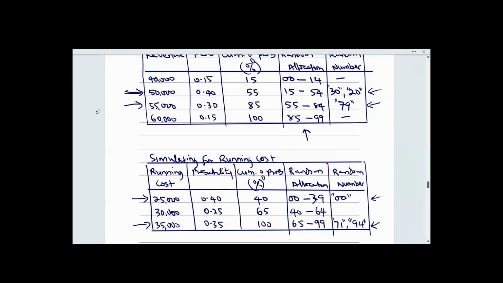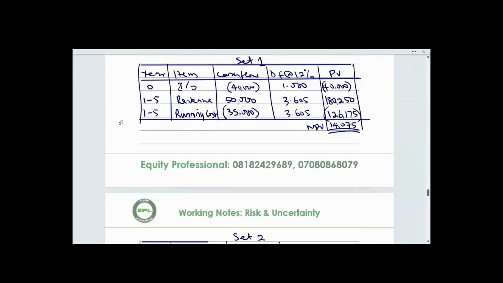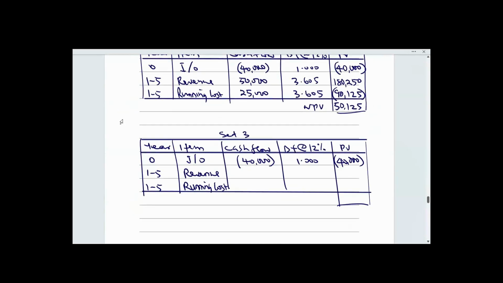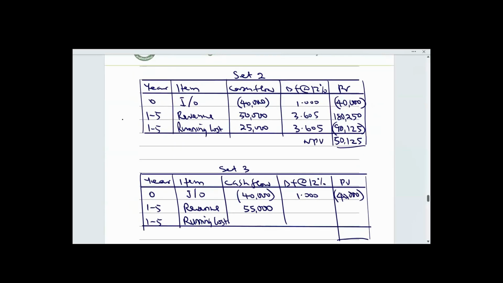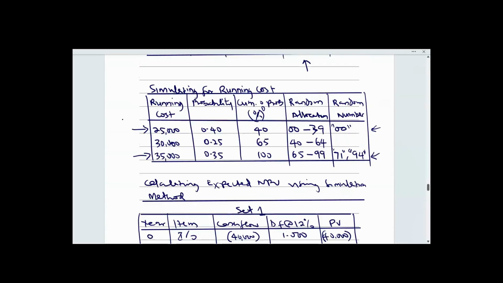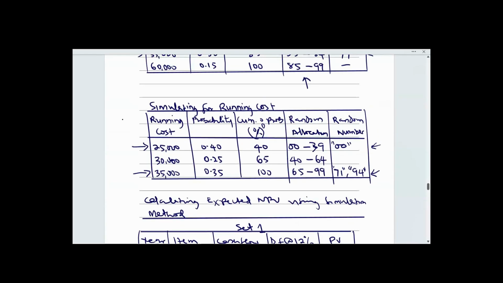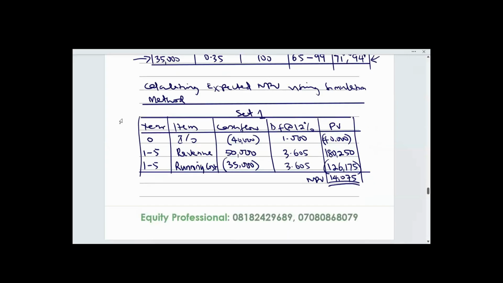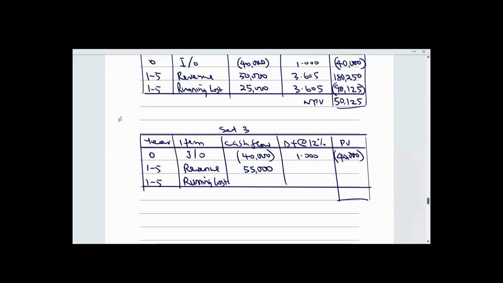That's 55,000 naira. Here will be 55,000. Then running costs. 35,000. So running costs tag number is 94. We trace it to the left. We have 35,000 naira.